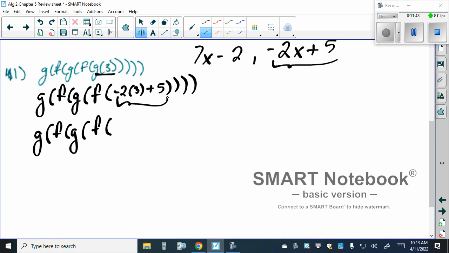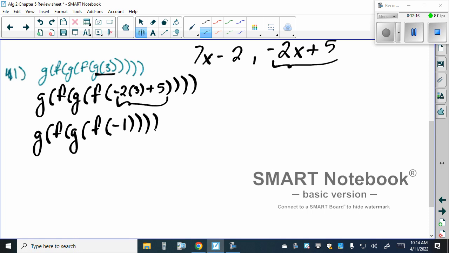Well, I can do negative 2 times 3 plus 5 in a calculator, yes? So it'd be negative 2 times 3 is negative 6. Plus 5, so we get negative 1. And we could do that in a calculator, negative 2 times 3 plus 5, and get negative 1.